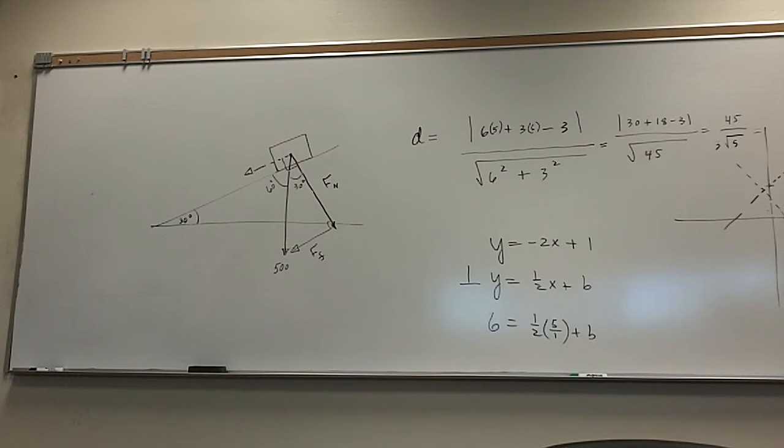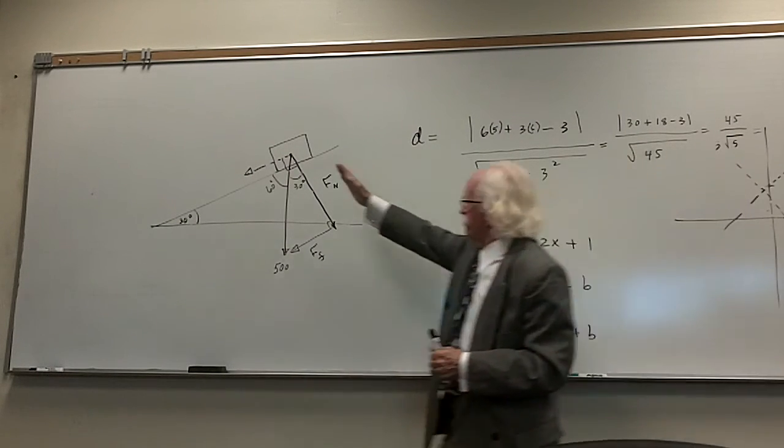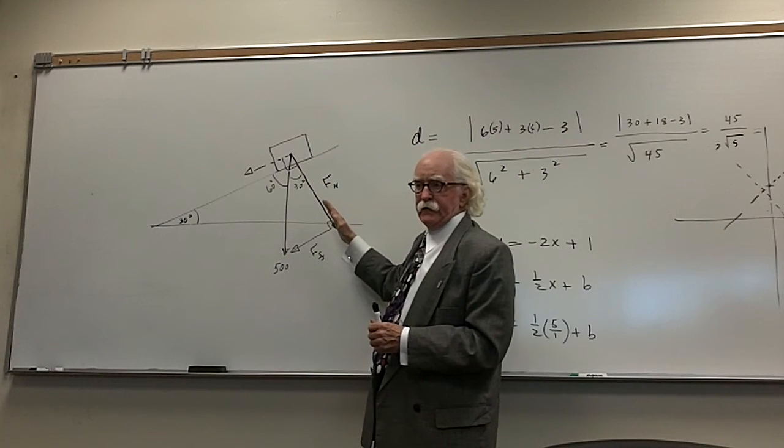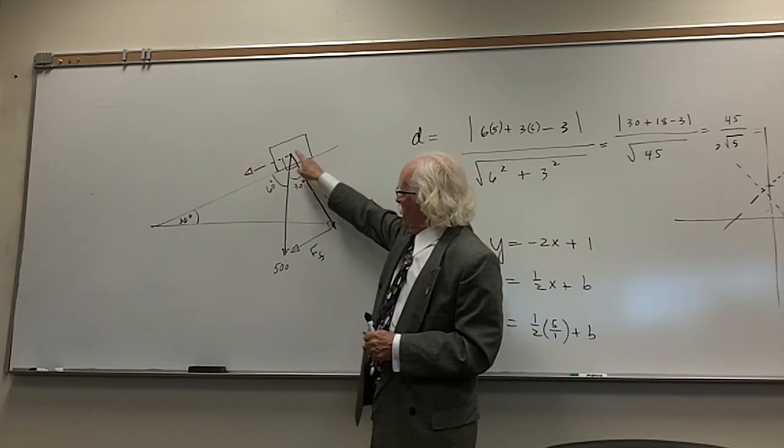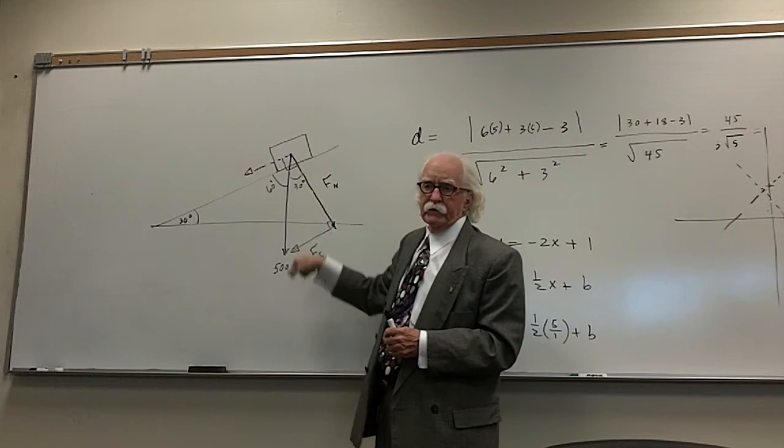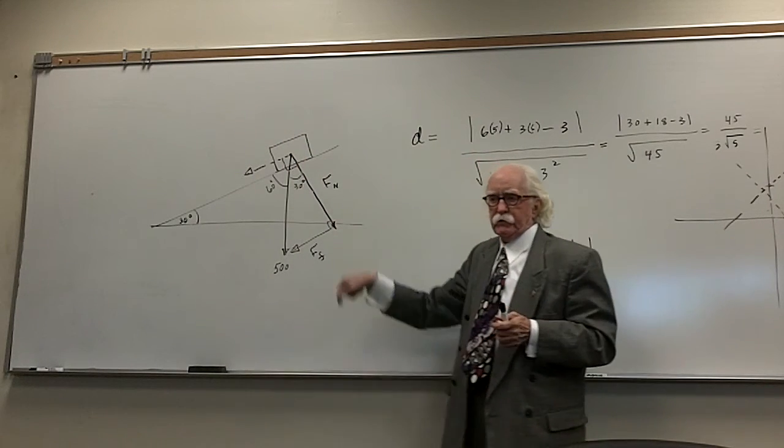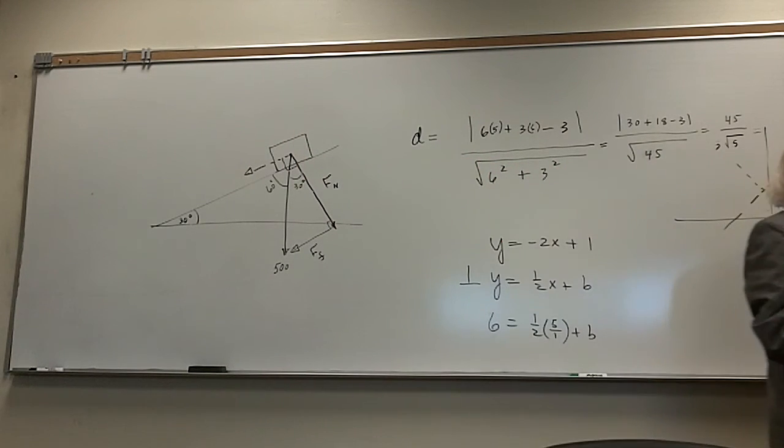In other words, you have a force that's trying to make that box do what? Slide down the plane. You have a normal force that's doing what? Pushing against this thing. And you have the hypotenuse, which is the weight of the thing, which is pointing straight from the center down to the center of the earth.